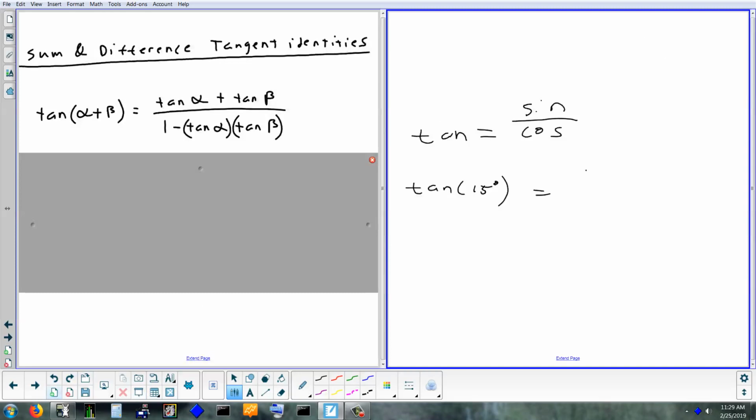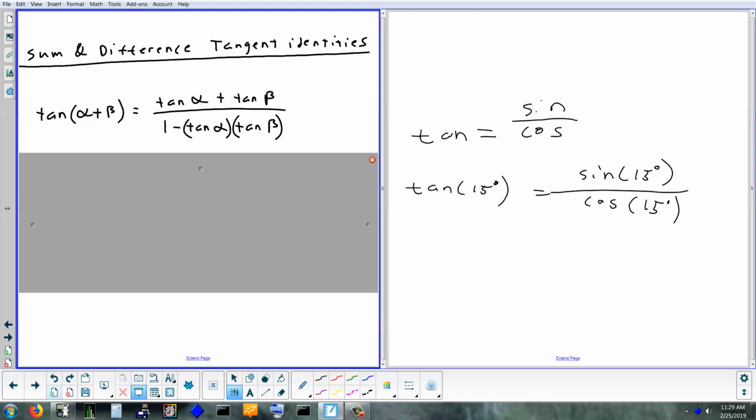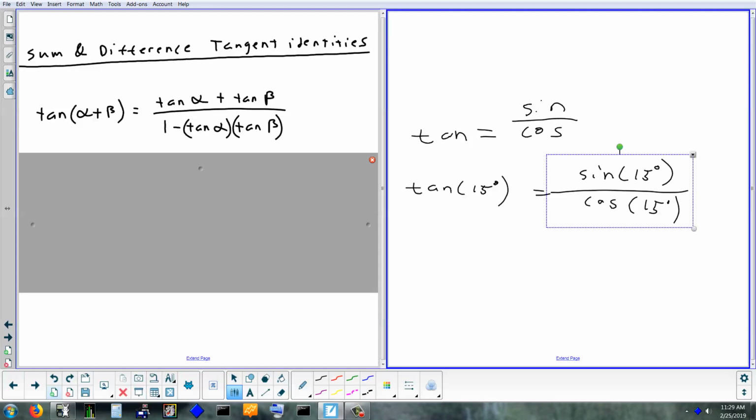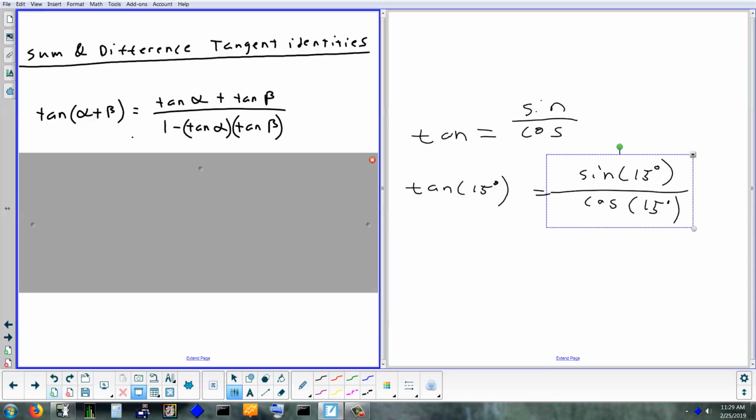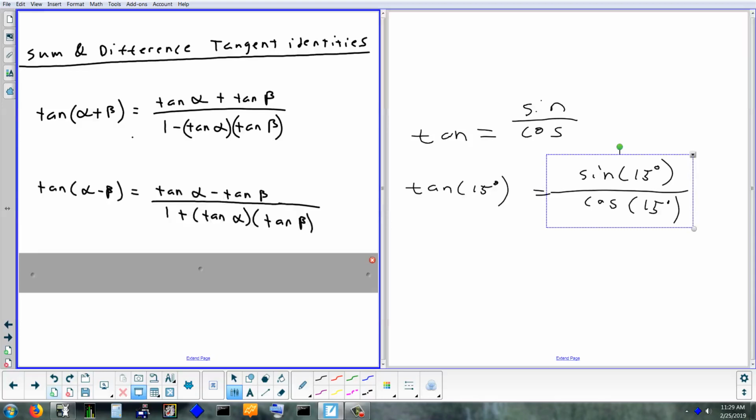But I do know that it's the same as this. So as long as I remember how to do the sine and the cosine, I can do the tangent without that formula. This is going to take a lot longer because I'm going to have to use two different formulas, one for the top, one for the bottom. But does everyone see how I can avoid this if I had to? I don't need it. That's why I never remember it.